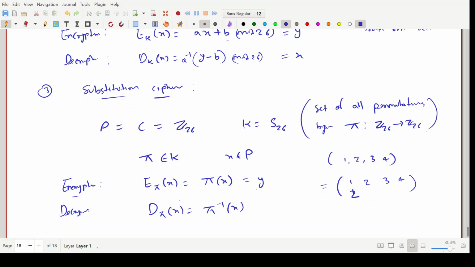So 1 goes to 2, 2 goes to 3, 3 goes to 4, and 4 goes to 1. This is what permutation I'm having. This is what pi I'm having, correct? So everywhere in the plain text where 1 is there, it will be replaced by 2. I am just substituting with this.